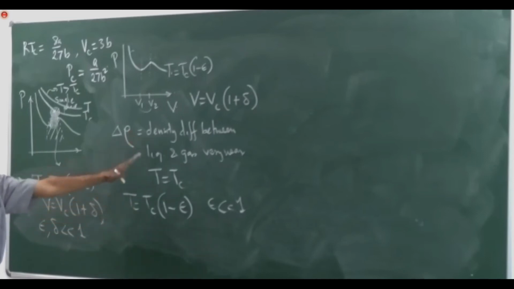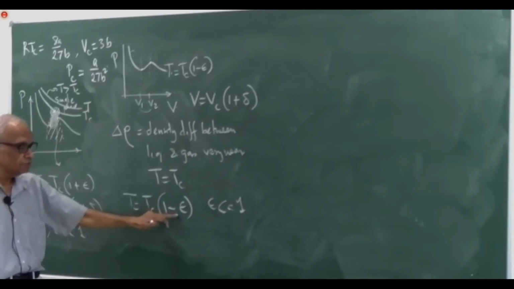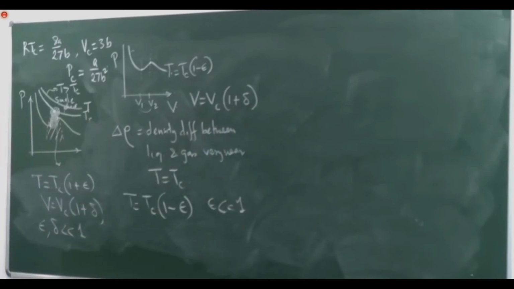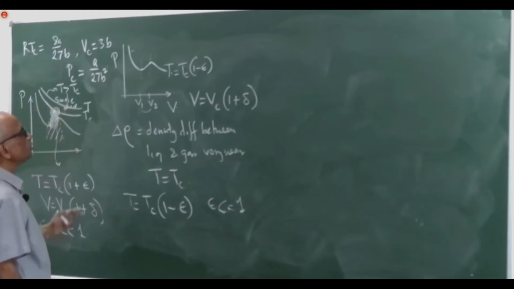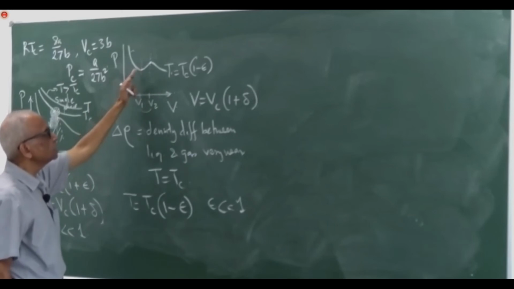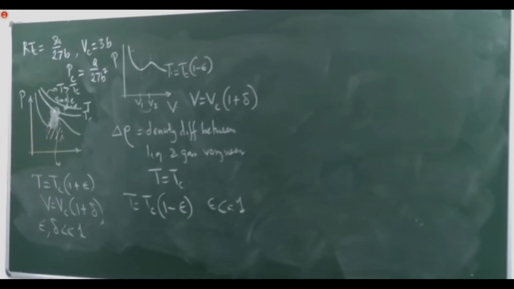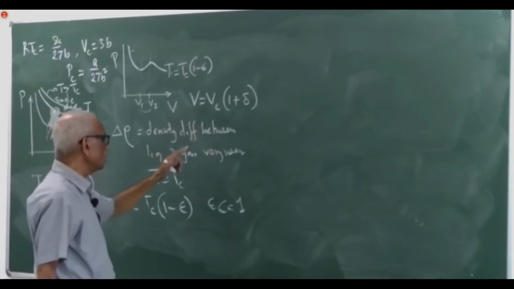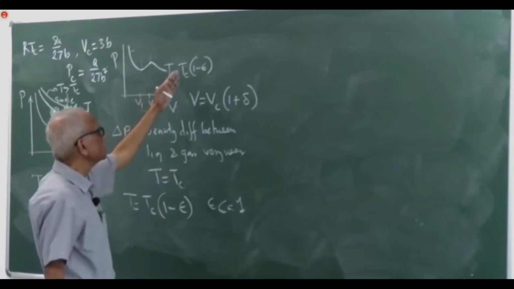So temperature is fixed below, and V is going to be some Vc times something, and that something is what I want to find given that epsilon is fixed. And so once again, I need to go back to my starting point and all along I'm going to keep the pressure fixed at the critical pressure, and I'm sitting at temperature slightly below and looking at it.